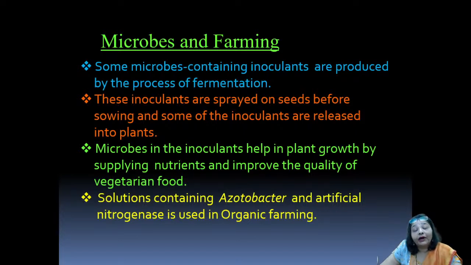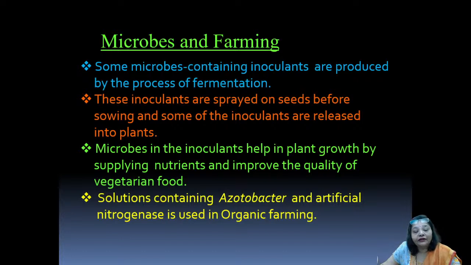The microbes in those inoculants help in plant growth by supplying nutrients and improve the quality of the vegetarian food, the crops which we require, and which gives us lots of energy. Not only that, we are surviving on those agricultural yields. Am I right? So we need to improve agricultural yields nowadays. For that, we can use these microbes.